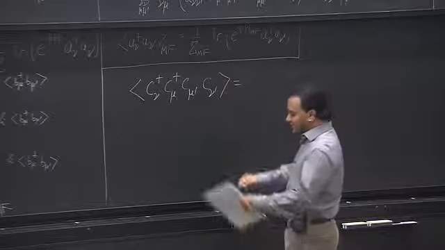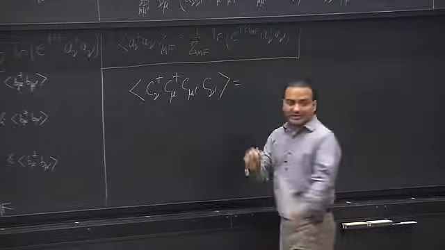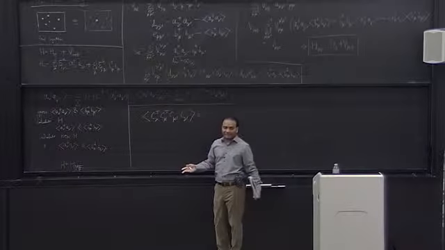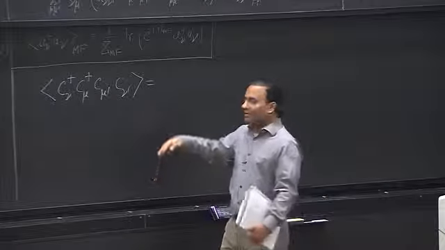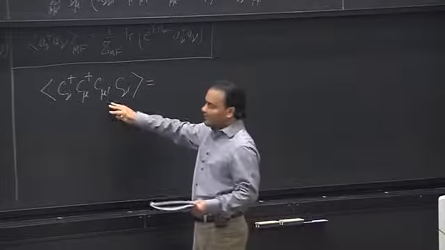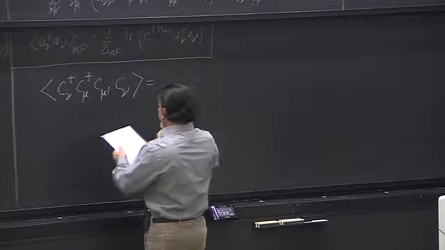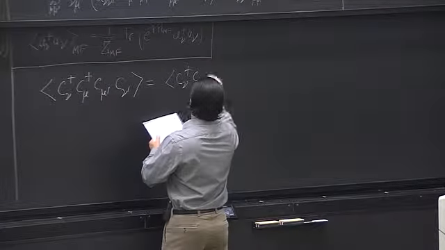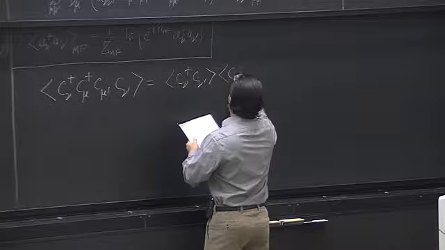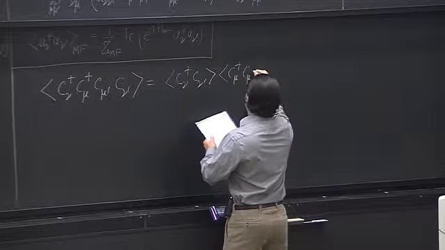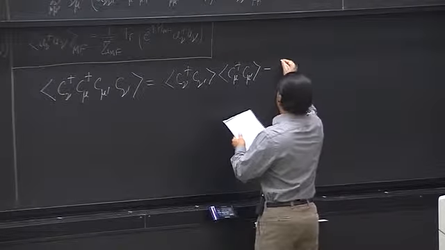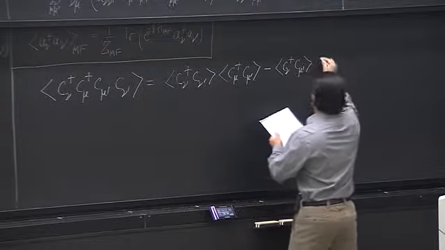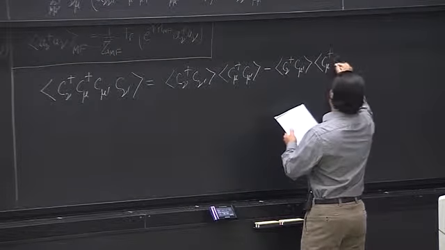These are called contractions. You do all possible contractions and you can derive a general result. What that really means for this case is that this quantity is equal to C nu dagger C nu prime, C mu dagger C mu prime, minus C nu dagger C mu prime, C mu dagger C nu.